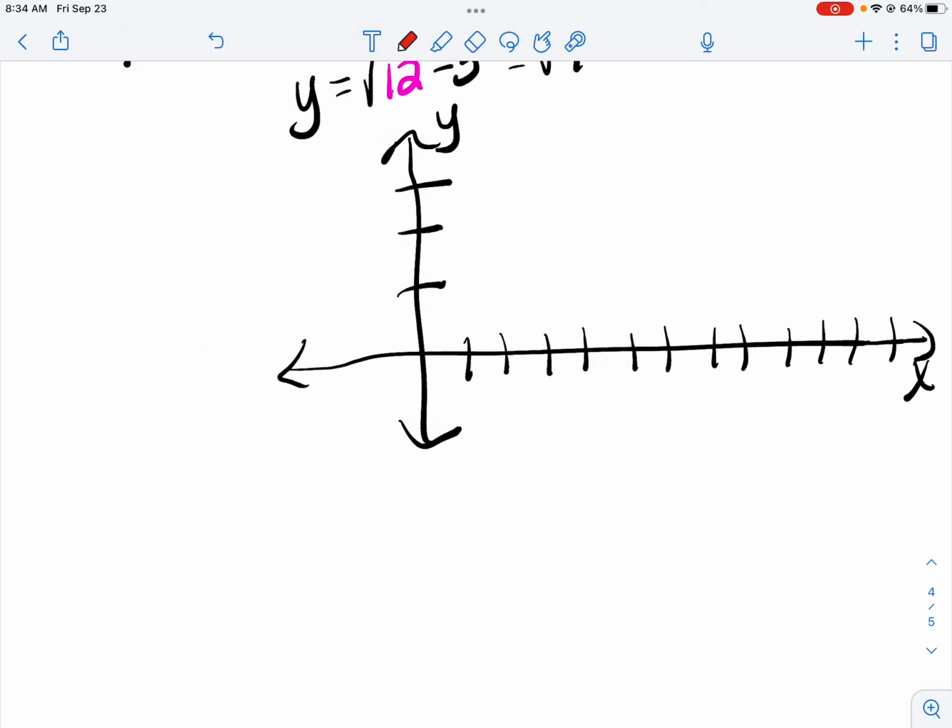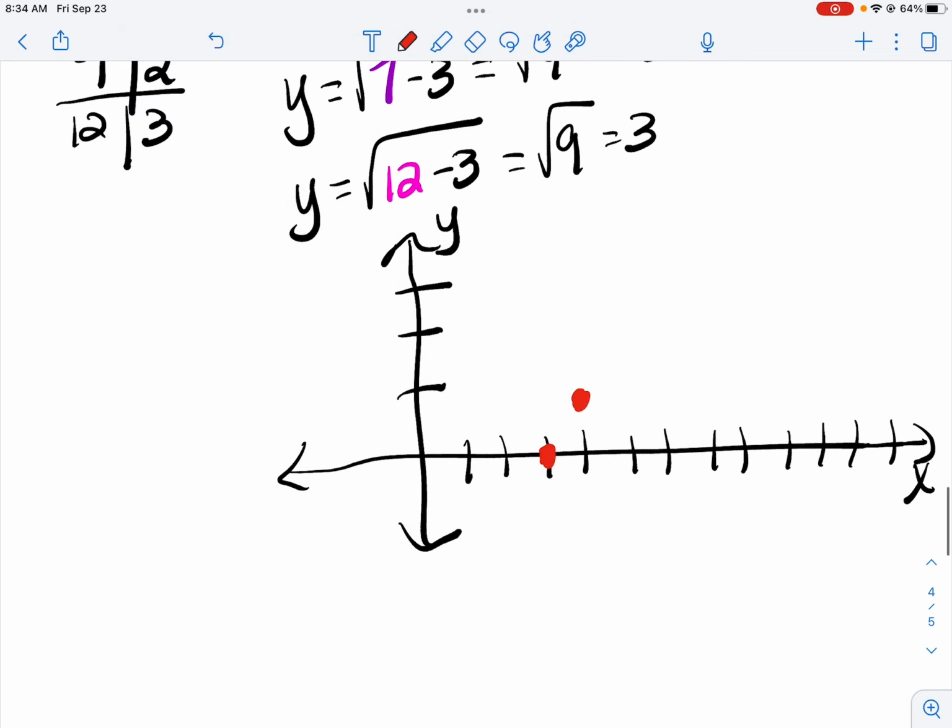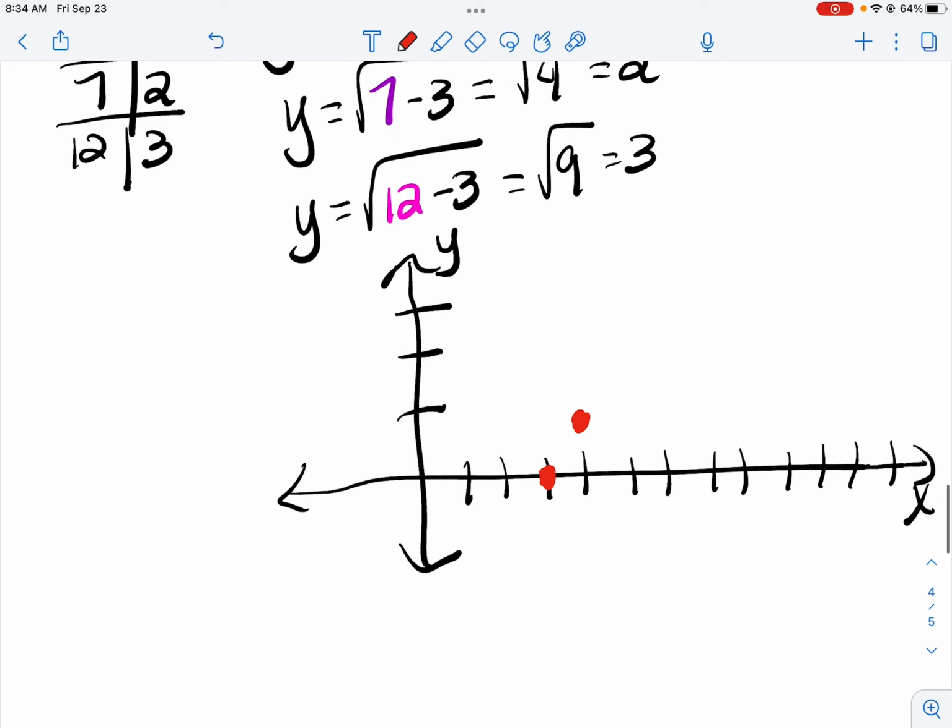And so we have the point 3, 0, we have the point 4, 1, we have the point 7, 2, and then 12, 3. When you have the square root, it makes what I call a ray, so it only has an arrow on one side. Notice that it stops here at the point 3, 0.